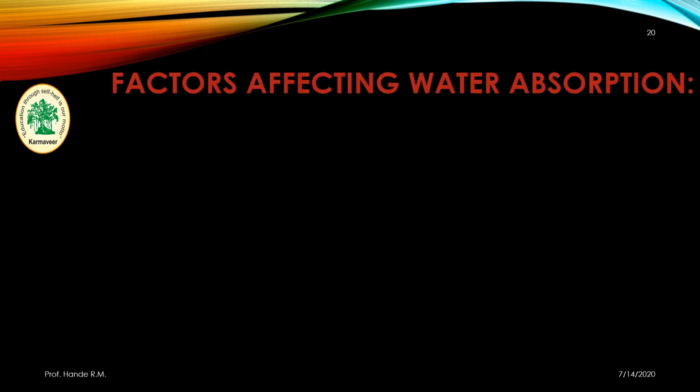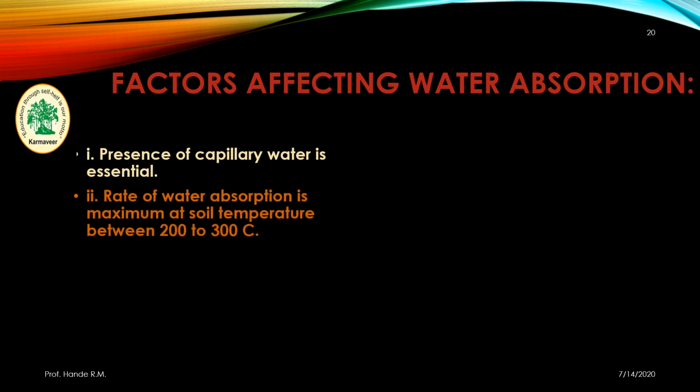Factors affecting water absorption. Here are some factors which affect water absorption. First, the presence of capillary water is essential. Second, the rate of water absorption is maximum at soil temperature between 20 to 30 degrees Celsius.